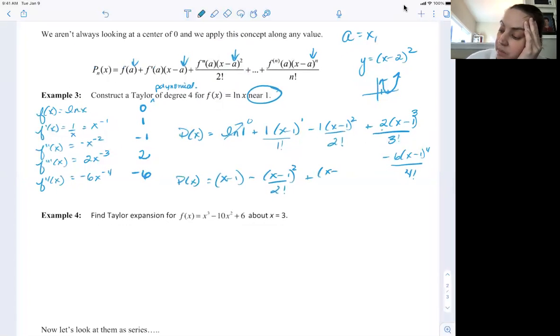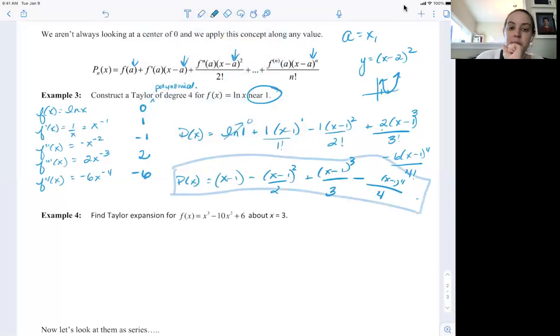So this is x minus 1 cubed over 3 and then minus x minus 1 to the 4th. 4 factorial is 4 times 3, which is 12, times 2 is 24, 6 over 24 is 1/4, negative 1/4. Well, if we only want 4th degree, it doesn't need to go that high. I'm actually going to switch my 2 factorial notation into a 2. 2 factorial is 2 times 1, so that I don't have any factorials in my answer.